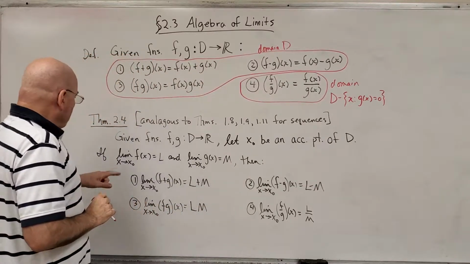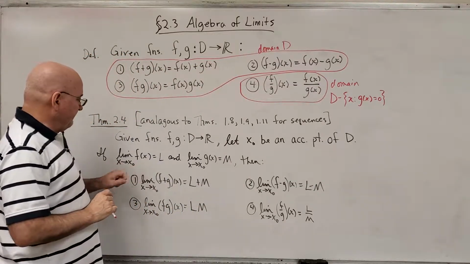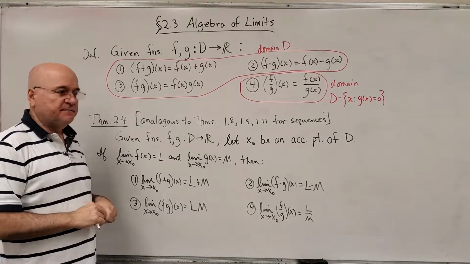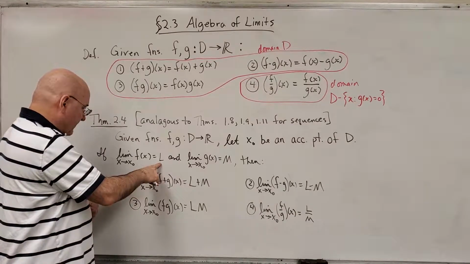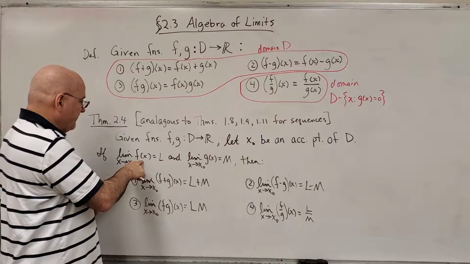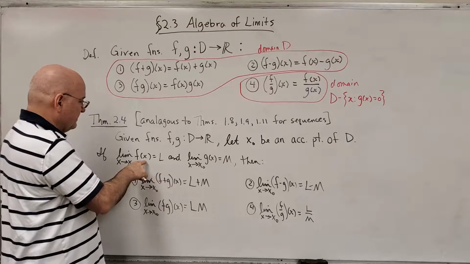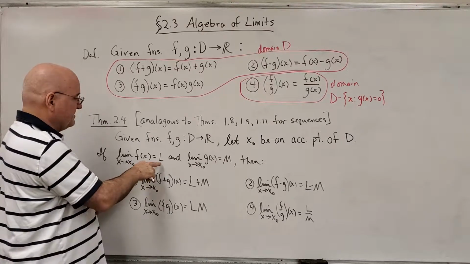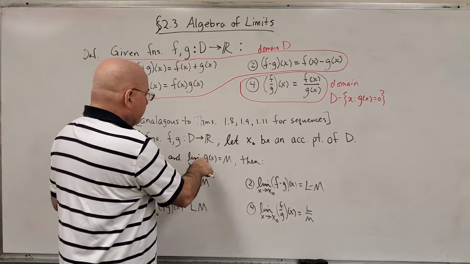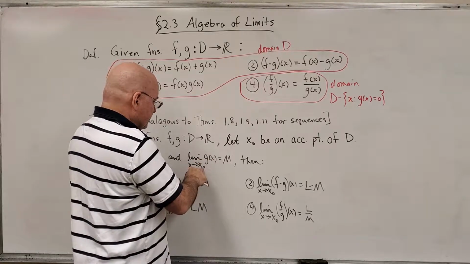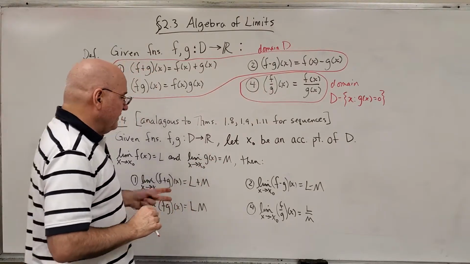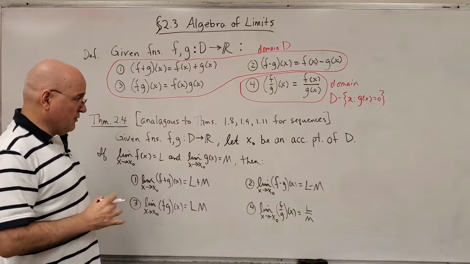Okay, well, if f of x has a limit at x naught, namely the real number capital L, so the limit of f of x as x approaches x naught is the real number L, and the limit of g of x as x goes to x naught is the real number m, then we have these 4 following equations.